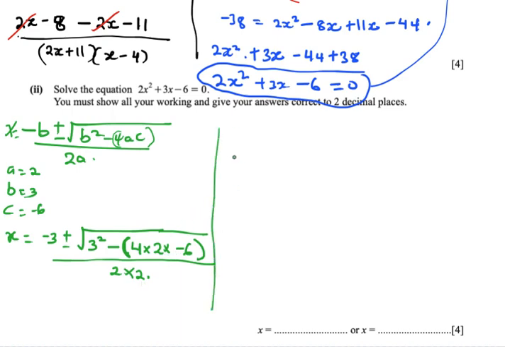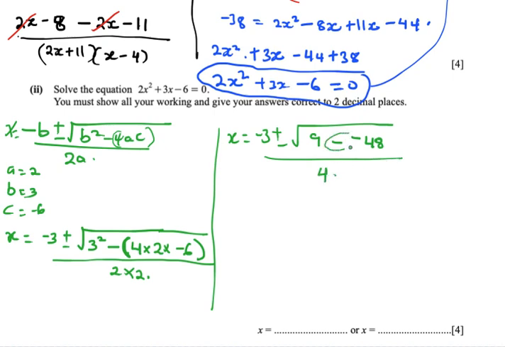Alright, so our x will be, simplifying further, under the root we have 9 minus, 4 times 2 is 8, 8 times negative 6 is negative 48, all over 4.